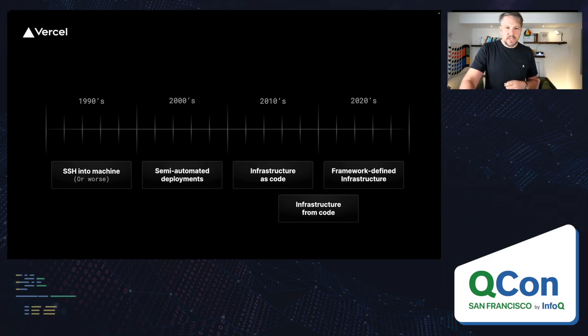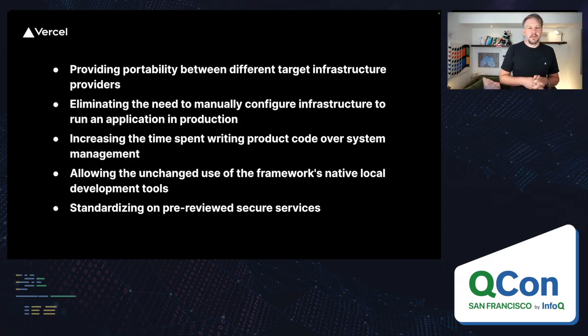Cool. So why do we care about framework-defined infrastructure? It provides us portability between different target infrastructure providers, so no lock-in. I'll talk about that. It eliminates the need to manually configure infrastructure to run an application in production, which is nice. Which also means I have now more time to write product code instead of doing system management.